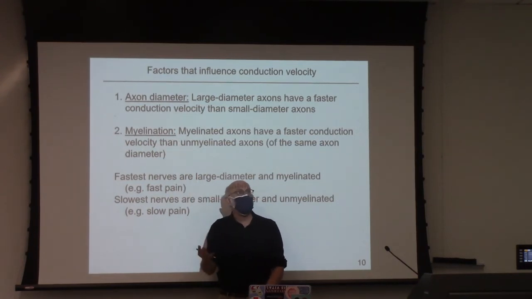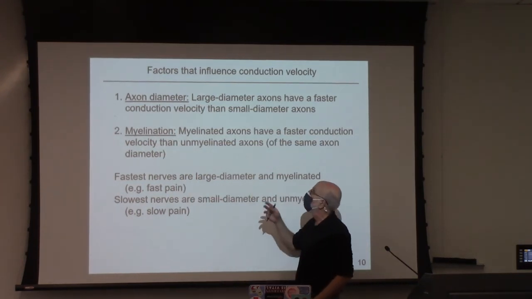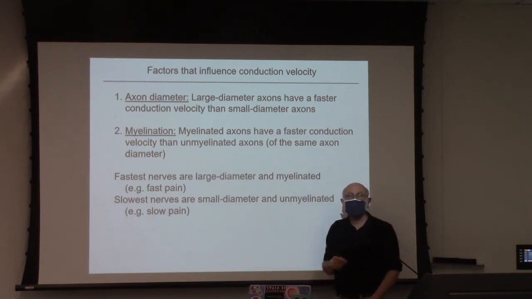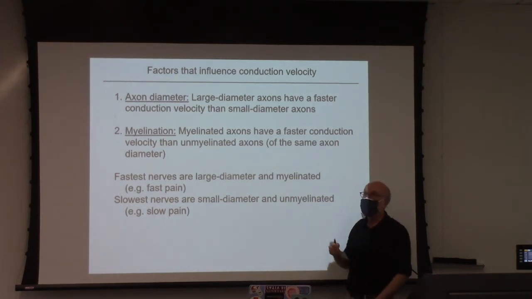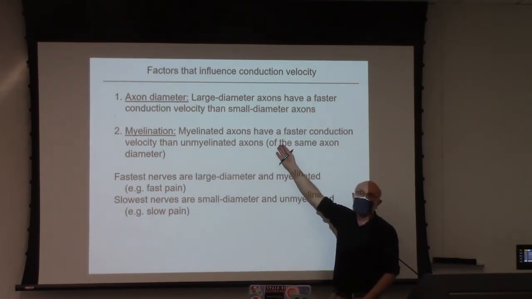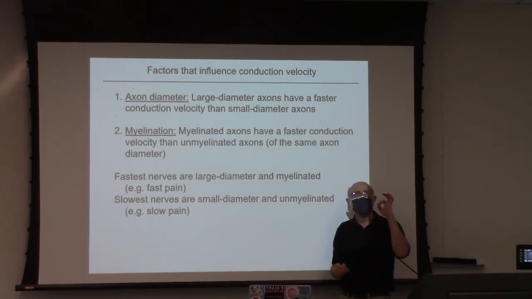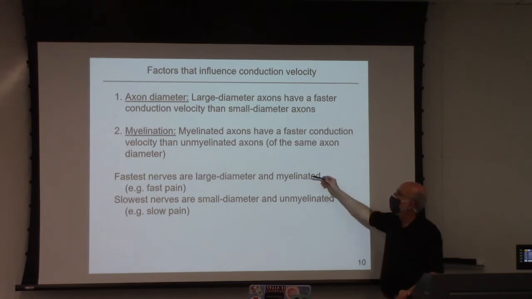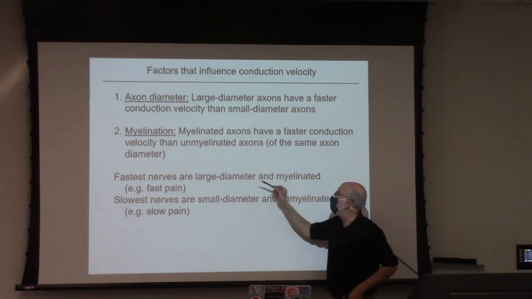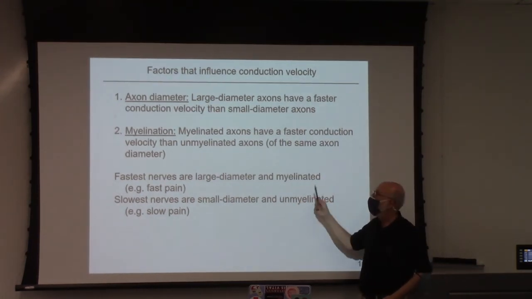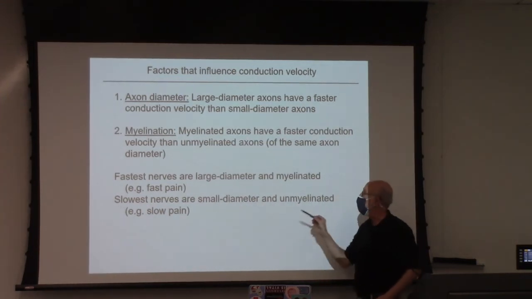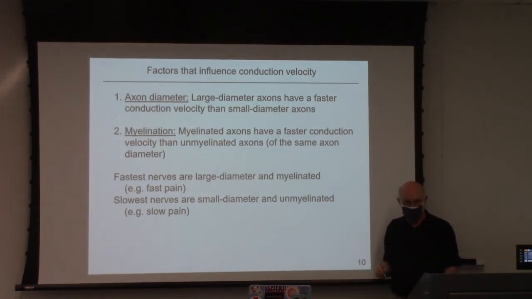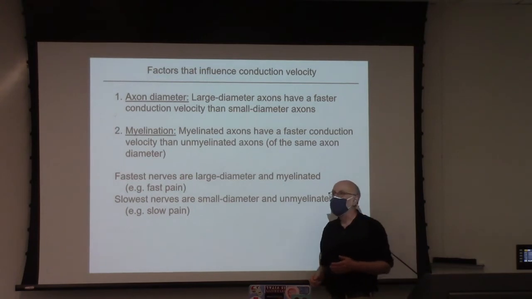We evolved Schwann cells and oligodendrocytes to insulate the axon and speed action potential propagation without getting the axon real big. But still, even in our bodies, the fastest nerves are large diameter and myelinated, and the slowest nerves are small diameter and unmyelinated.